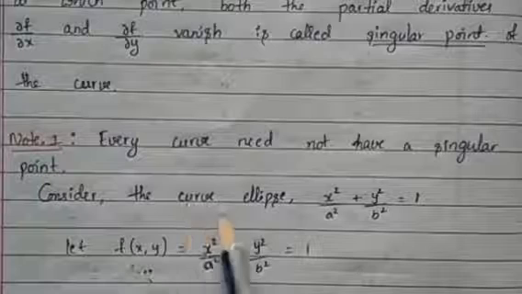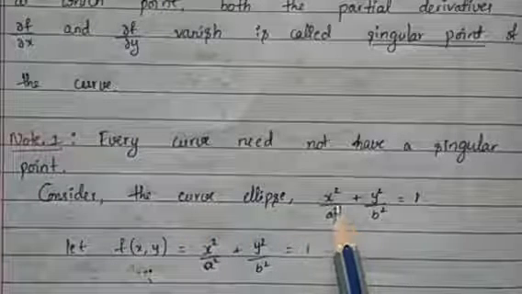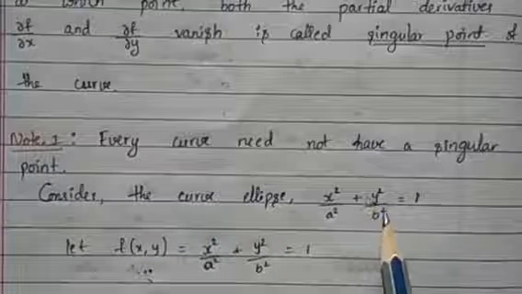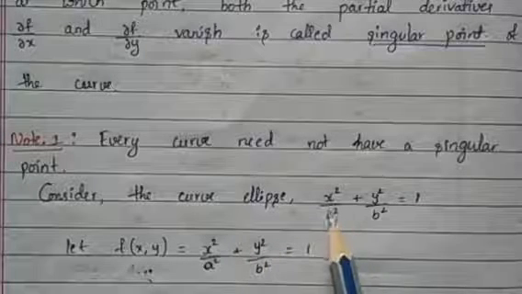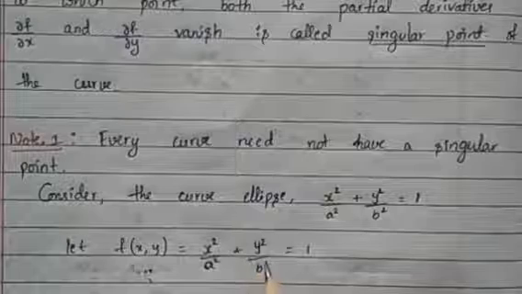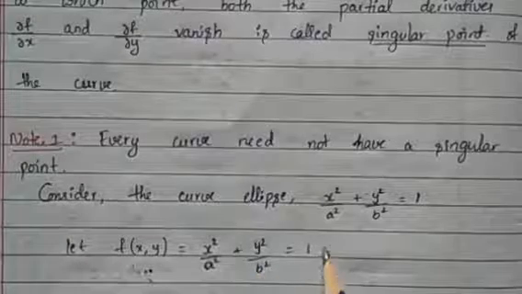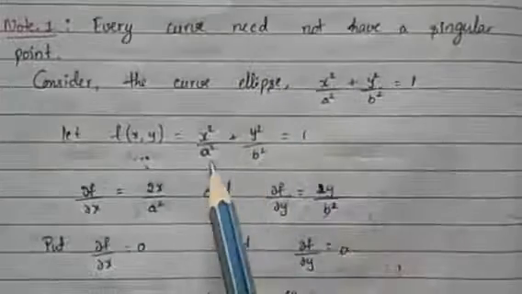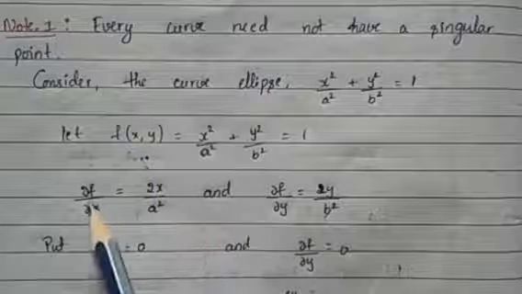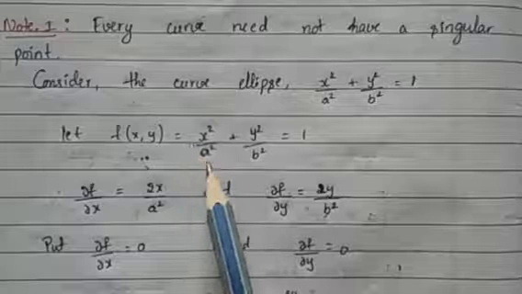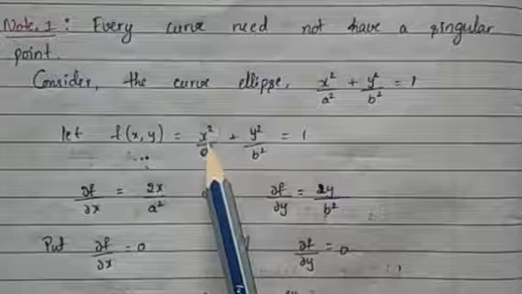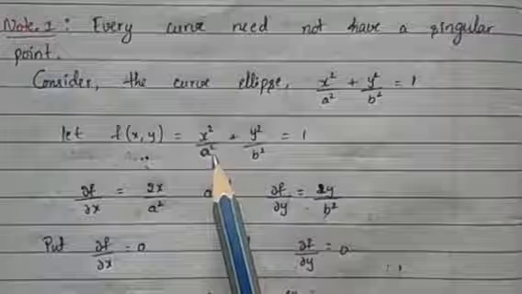Let us consider the curve ellipse, x square by a square plus y square by b square equal to 1. Let f(x, y) equal x square by a square plus y square by b square equal to 1. We differentiate partially with respect to x. We get dou f by dou x equal to 1 by a square, which is constant, as it is, times the derivative of x square, which is 2x.